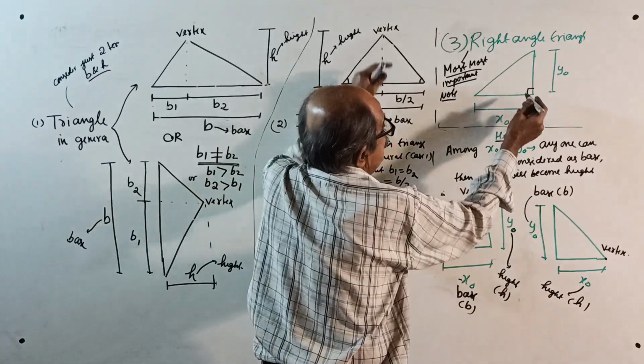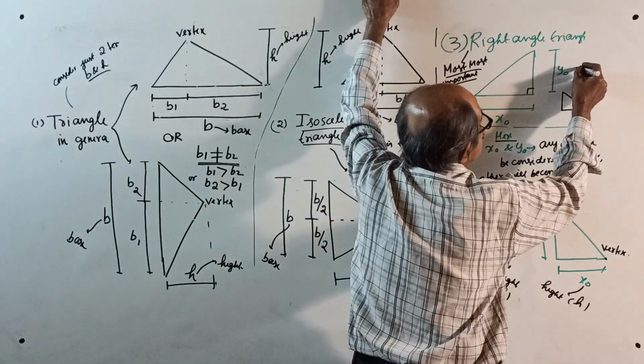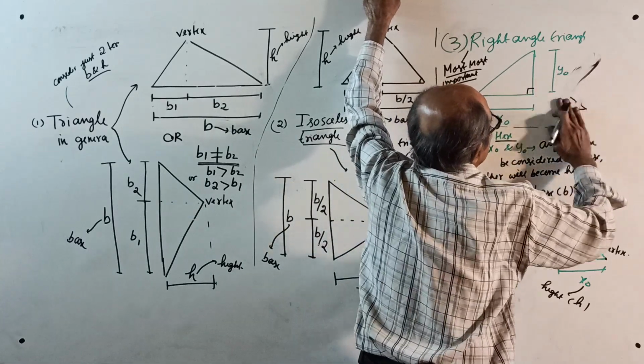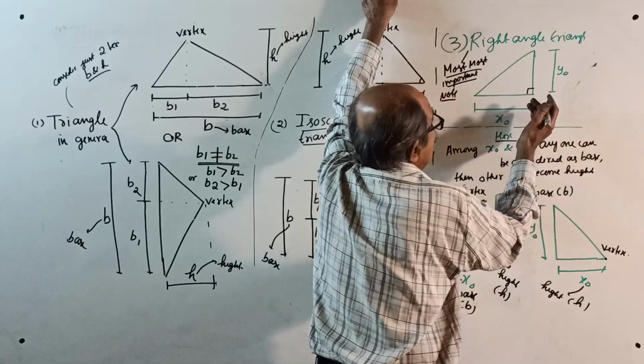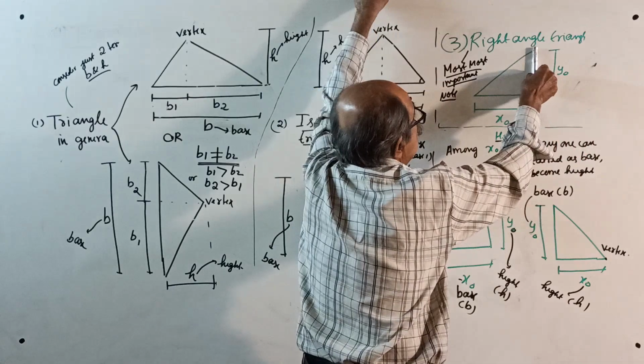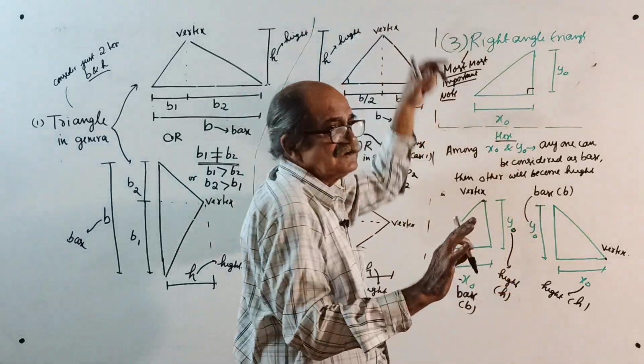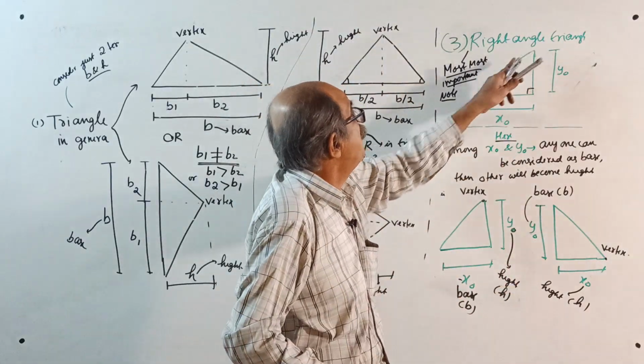Of course, this can be like this also, or it can be like this also. That we will discuss later. Important is, you never memorize 90 on the right side, nothing like that. The two sides which are perpendicular to each other are x0, y0. This is your hypotenuse.